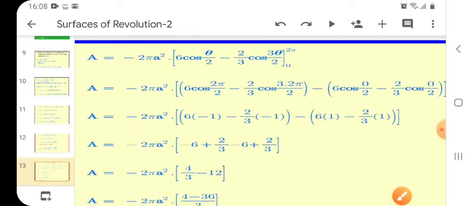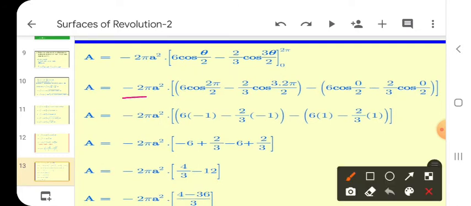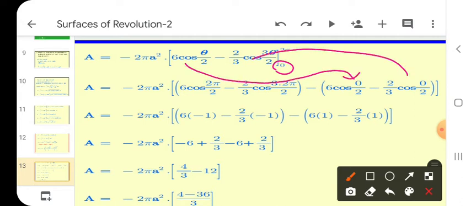First I substitute 2 pi in the theta place. Minus 2 pi, a square. 6 cos theta means 2 pi by 2, minus 2 by 3 cos 3 theta means 2 pi by 2. Next I substitute 0. 6 cos 0 by 2, 2 by 3 cos 3 0 by 2. 3 0 means 3 into 0 means 0.